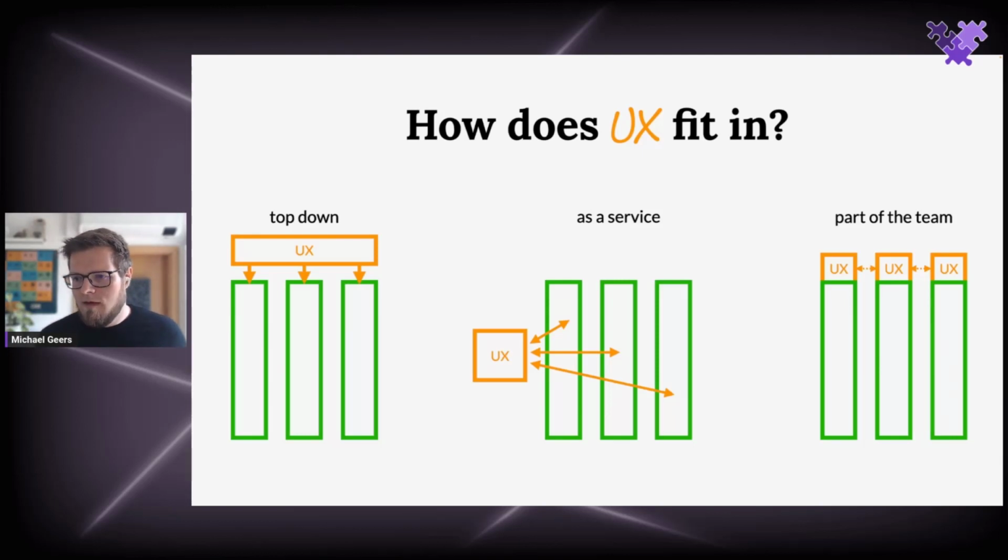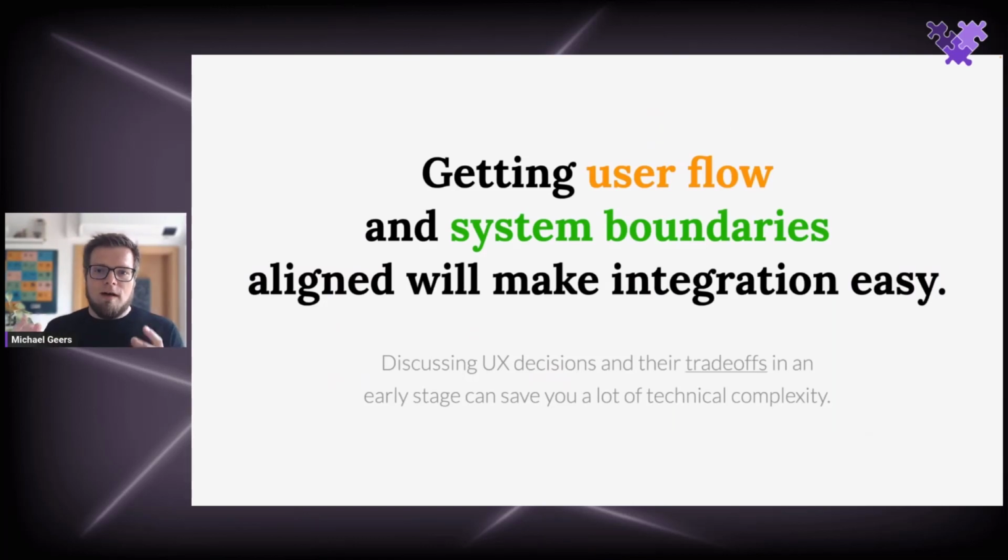So we don't have a perfect solution, but I really urge you to think about how your user flows are designed, and how to get this in sync and aligned with your system boundaries, because I'm convinced that this has the potential to make your applications far less complex, especially at the integration points. And also discuss trade-offs at quite an early stage, and not at a stage where all screens are ready and then you come in from a technical perspective and say, maybe change these patterns.